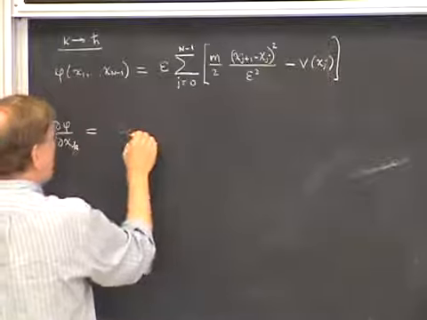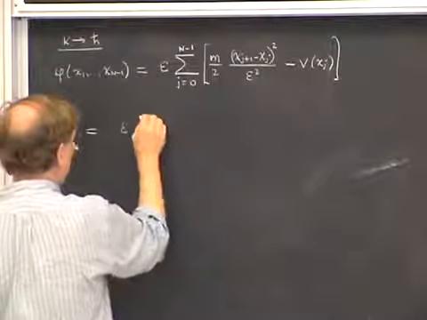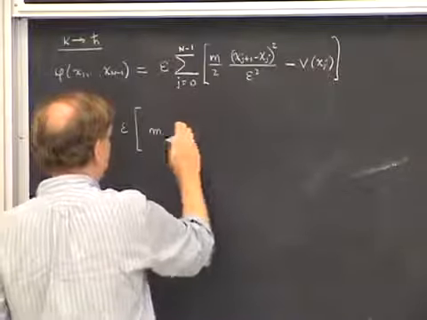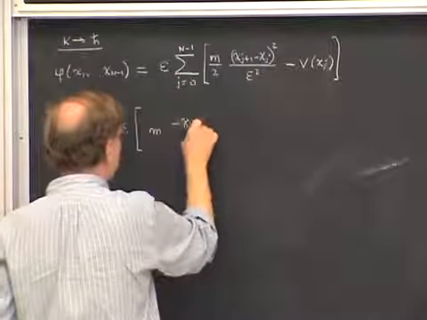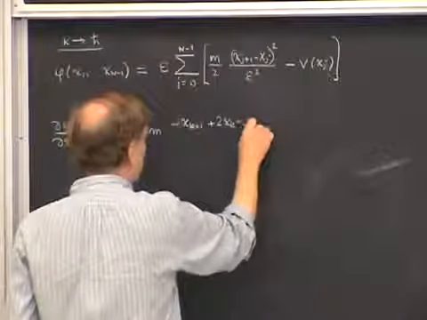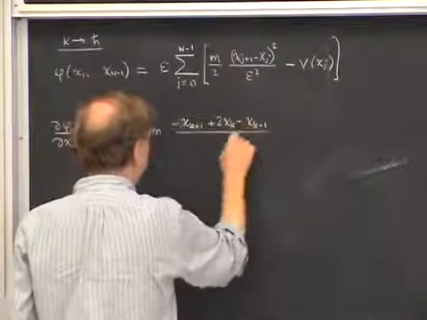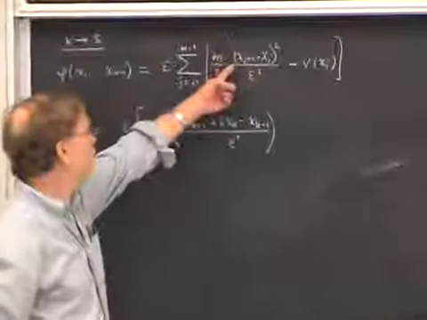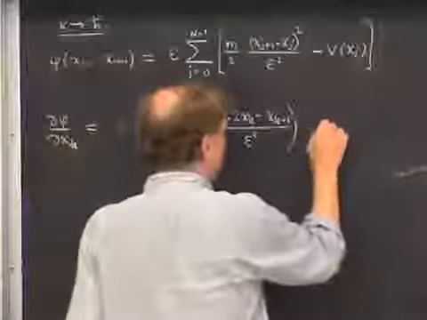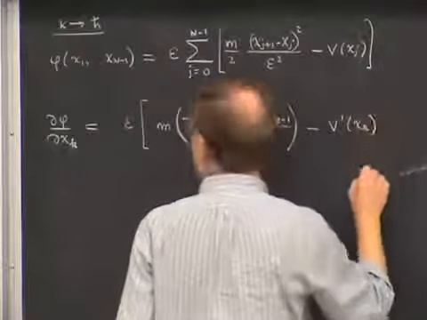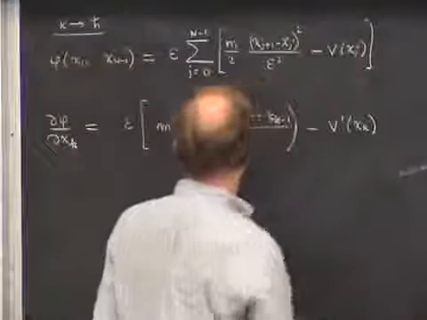What you find is epsilon times the mass m, times minus xk plus 1 plus twice xk minus xk minus 1, divided by epsilon squared. That's from doing the differentiation here. And then you get minus v prime of xk, like that.